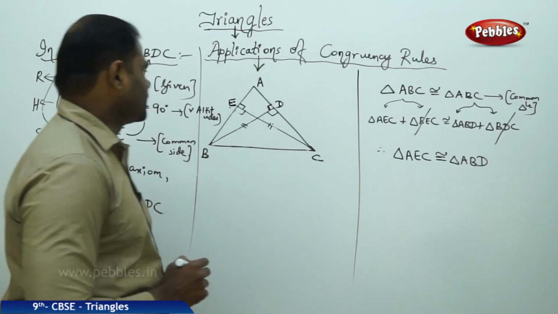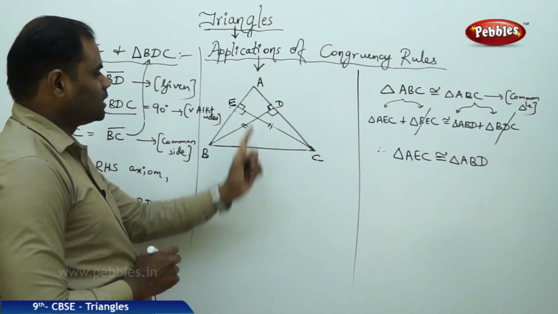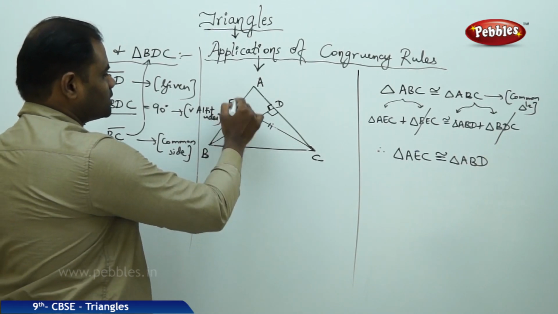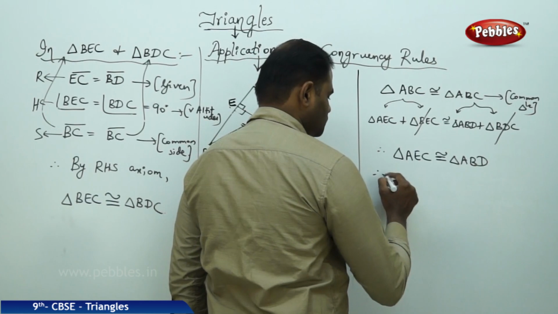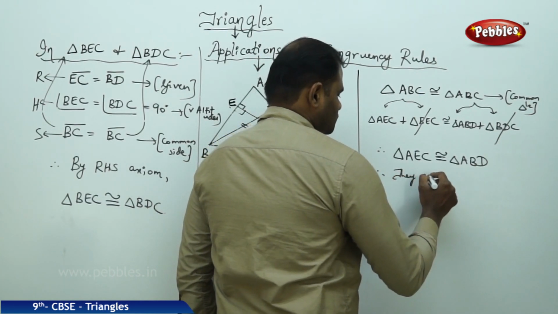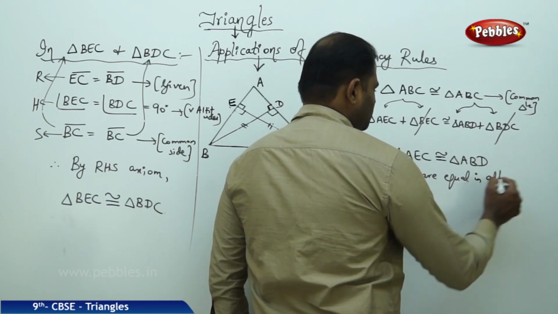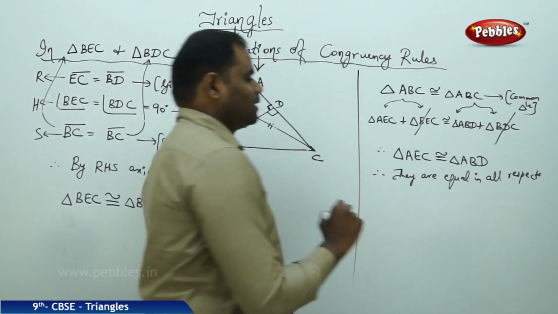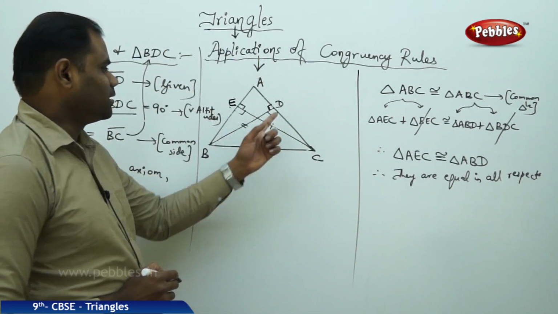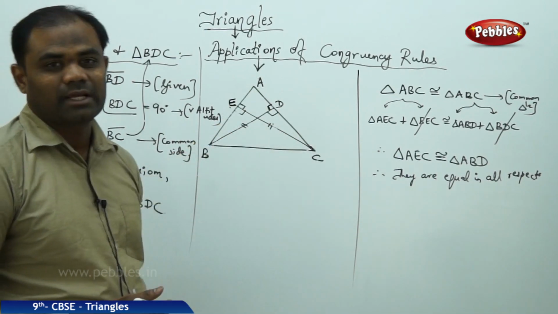So indirectly I get my triangle ABD and AEC are the two triangles which are congruent to each other. Therefore, they are equal in all respects. Now since the two triangles are equal in all respects, their side AB must be equal to side AC.